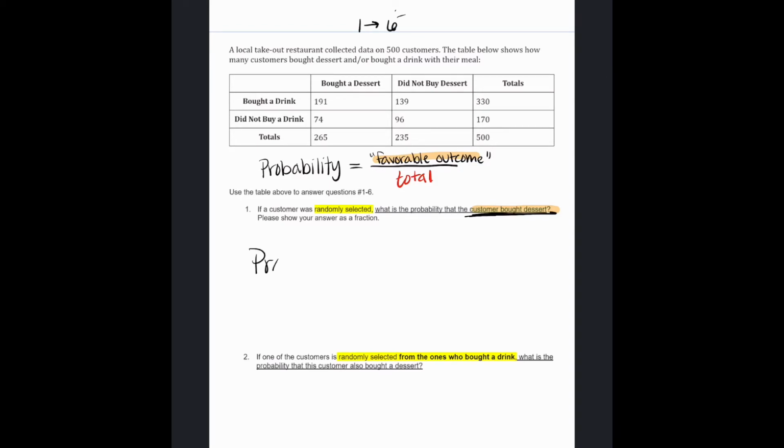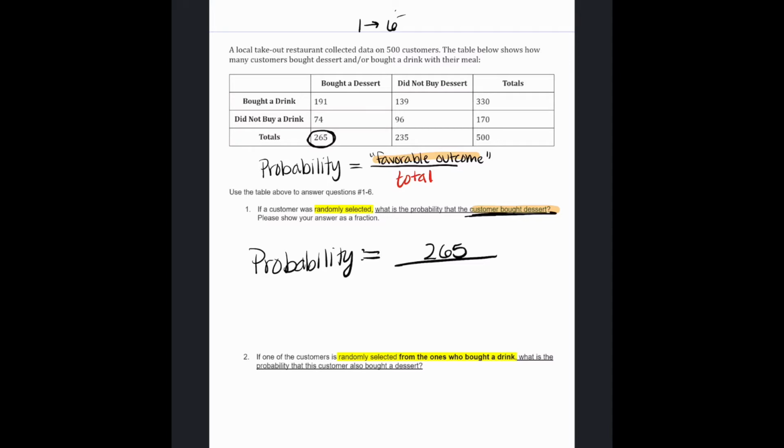So our probability is going to be however many customers bought a dessert. That would be 265 in total. Because notice they didn't say bought a dessert but did not buy a drink, because that would be 74. They just want to know customers who bought a dessert, 265.